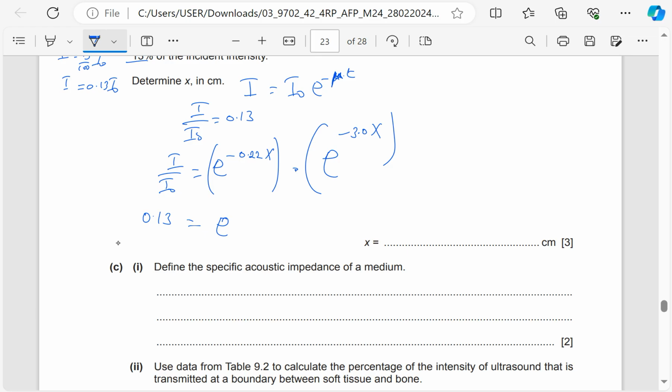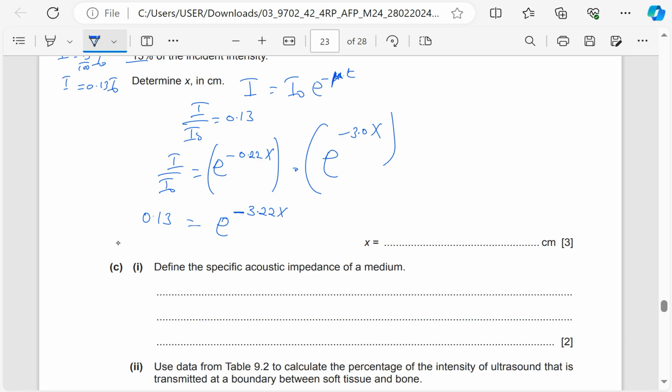So this will be e power minus 0.22 and 3, that is 3.22. Because of multiplication, I'm adding the powers.